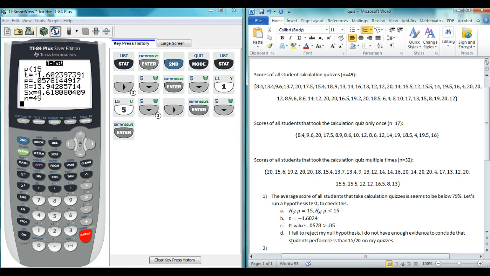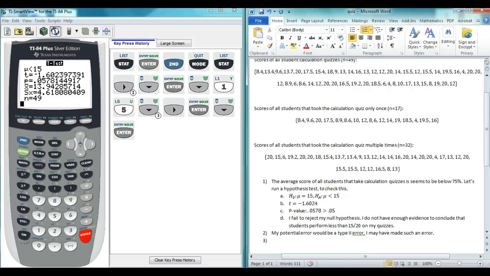Now, notice that I failed to reject my null hypothesis, so my potential error would be a type 2 error. I may have made such an error, because typically my cutoff level is around 5%, and my p-value of 0.0578 is just barely above 5%.